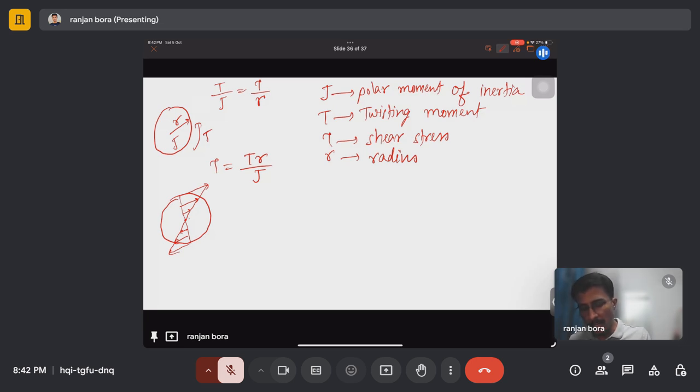It is 0 here, and at the periphery the shear stress magnitude is maximum. So we need to consider the maximum shear stress, which is given as the failure stress. We need to consider the maximum radius, at the periphery, and using that find the torque or twisting moment. The expression for J for a circular section is pi by 2 r to the power 4.